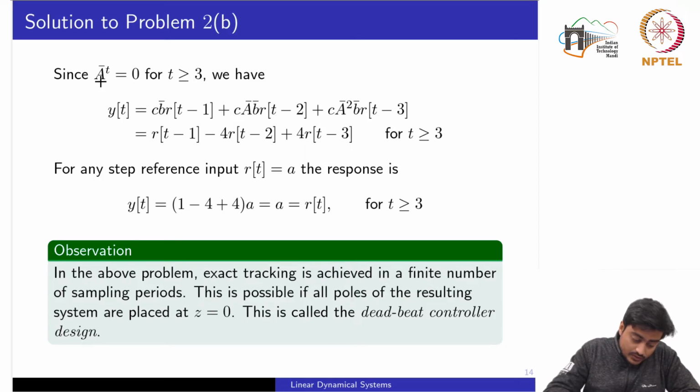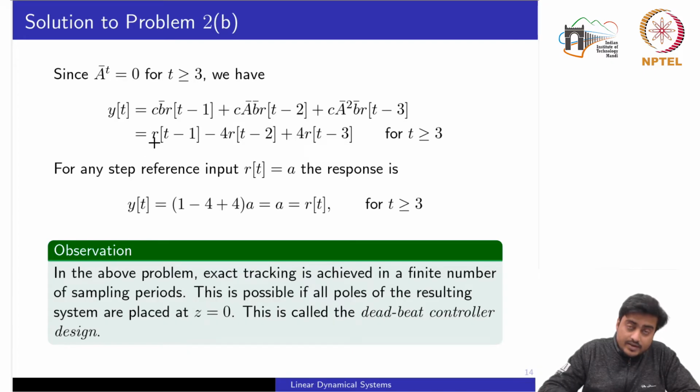Since we know that A bar to the power t is equal to 0 for all t greater than or equal to 3, we can compute only for finite sample times, t equal to 1, 2, 3, and afterwards we know we would get A bar to the power 3 equal to 0. Substituting the C and the B vectors, we finally obtain this one.